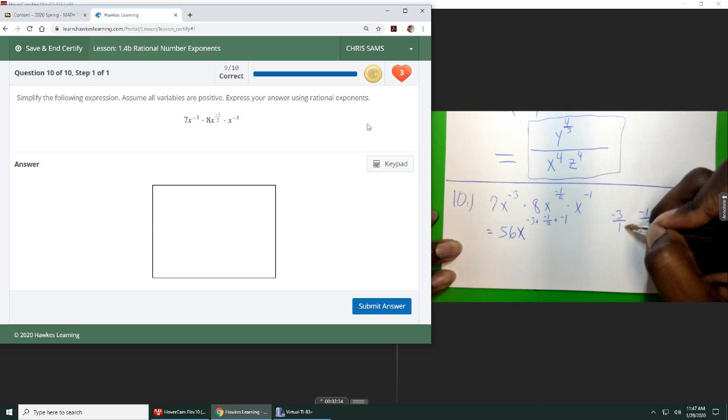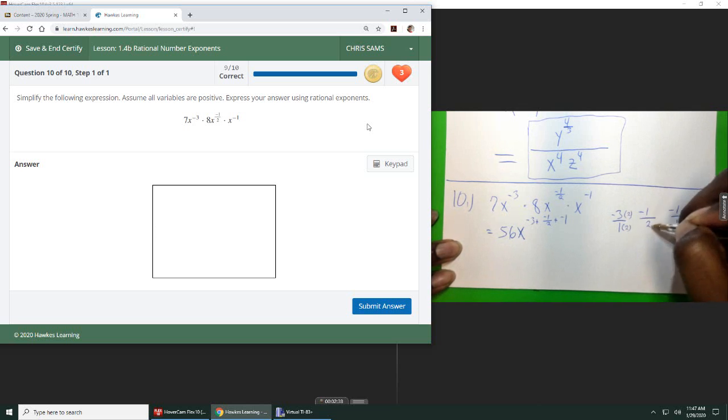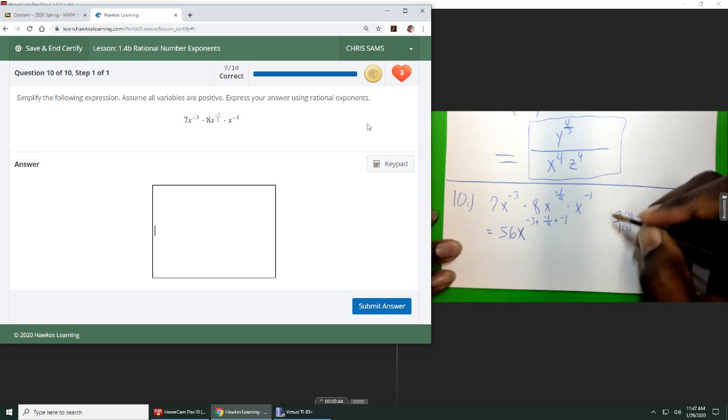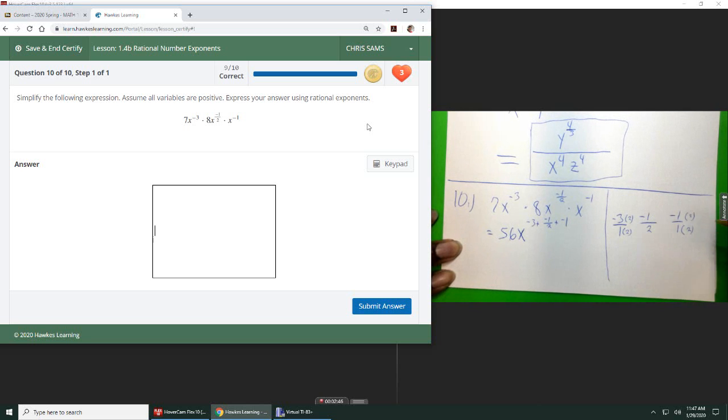To fix these all up, I have to multiply the bottom and the top by 2. And the same thing for the one at the back, multiply top and bottom by 2. So this is just the side work part. I'll get negative 6 over 2, we will get minus 1 over 2, and then we get minus 2 over 2.